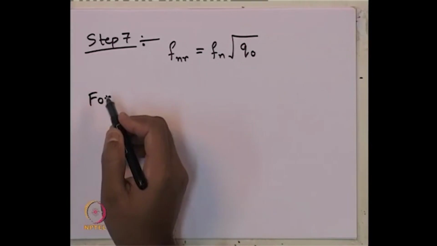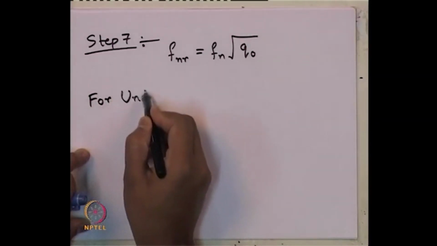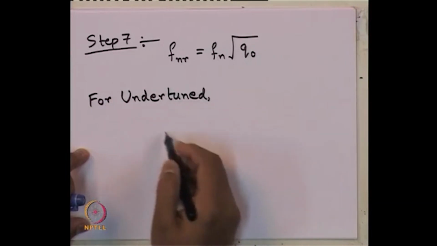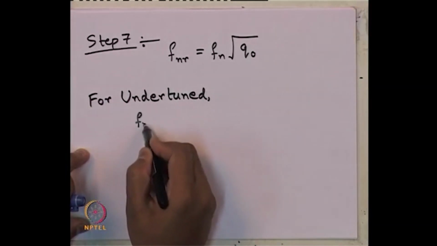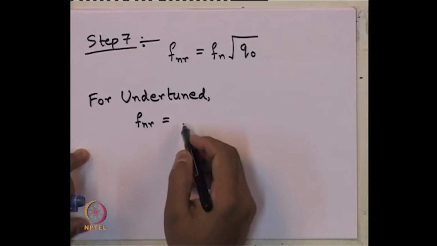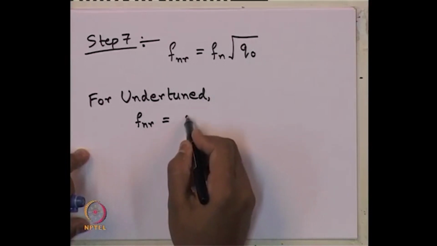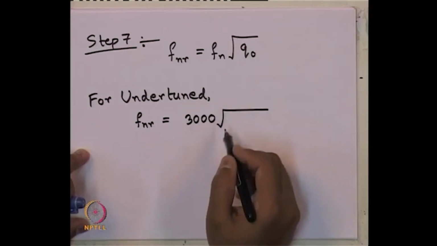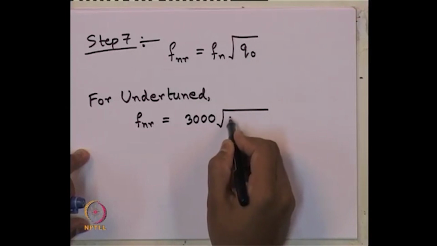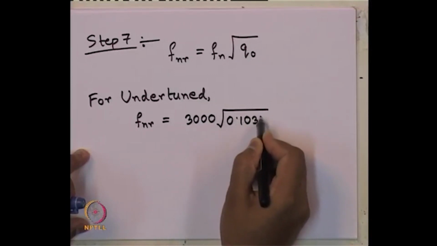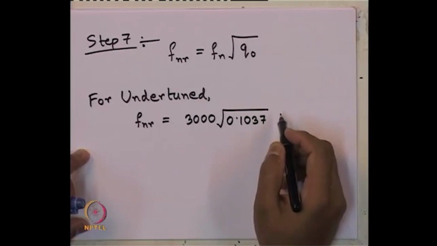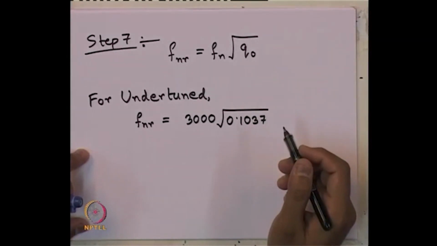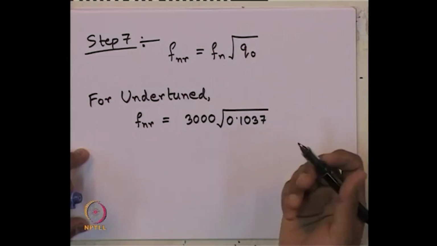For under-tuned, FNR is coming out to be, Fn is how much we got? 3000 RPM, right, times root of Q naught we got 0.1037.